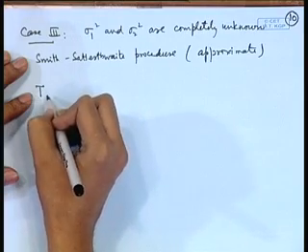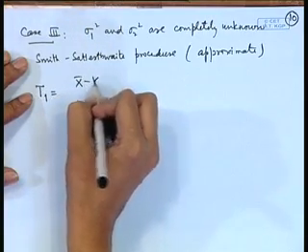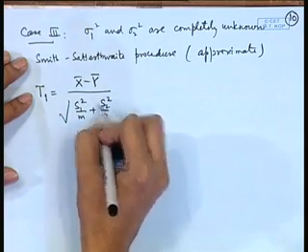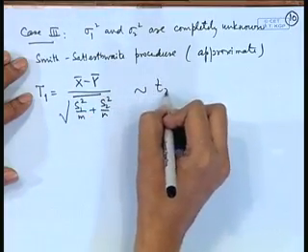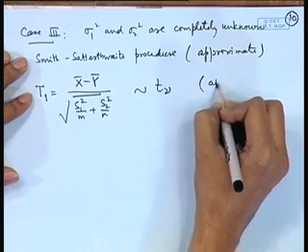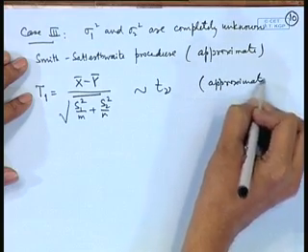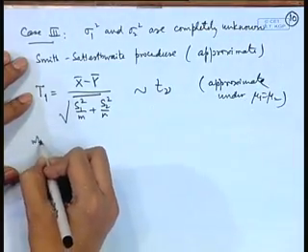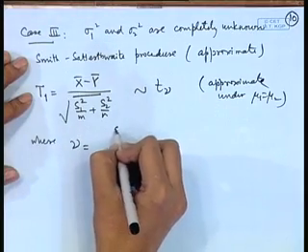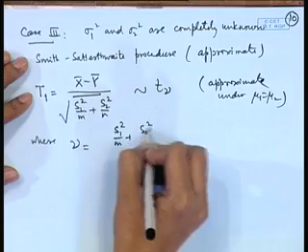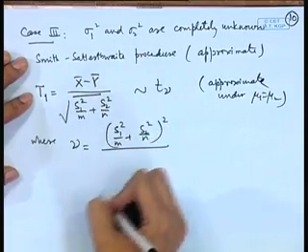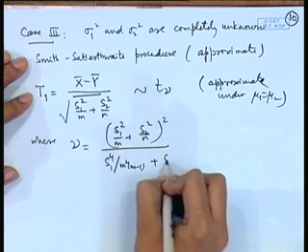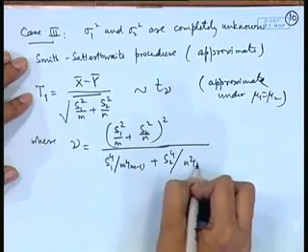So, if we consider T1 equal to x bar minus y bar divided by square root of S1 square by m plus S2 square by n, then this has approximate T distribution on nu degrees of freedom under the assumption that mu 1 is equal to mu 2, where this nu is given by (S1 square by m plus S2 square by n) whole square, divided by S1 to the power 4 by m square into (m minus 1), plus S2 to the power 4 by n square into (n minus 1).